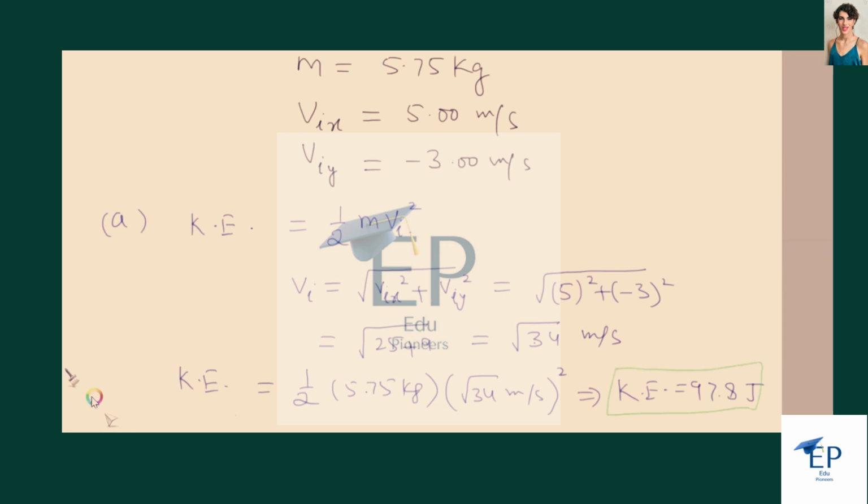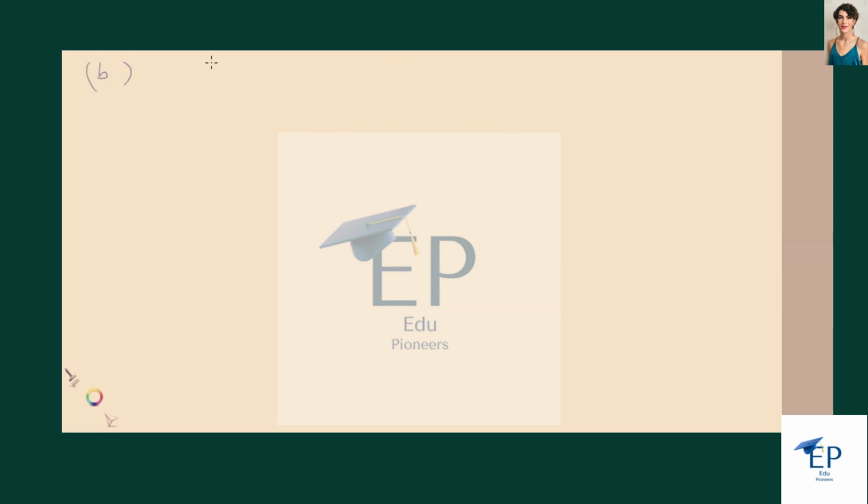Now, in the second part of the problem, we have been given a time duration of 2.00 second, in which the particle covers a distance along the x-axis of 8.50 meter, and along the y-axis it covers a distance of 5.00 meter.